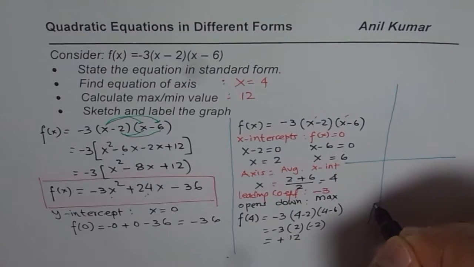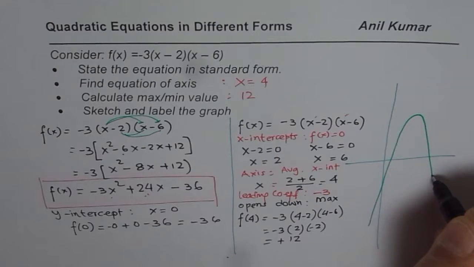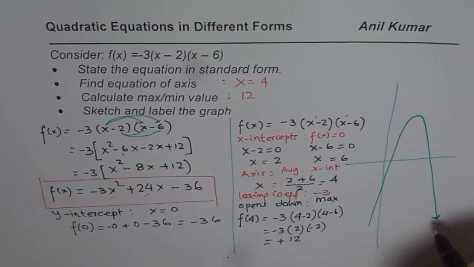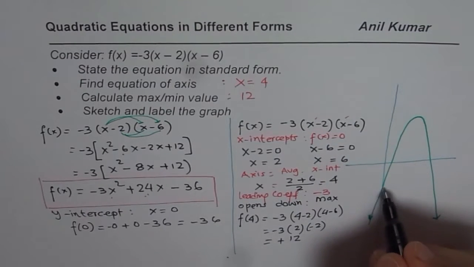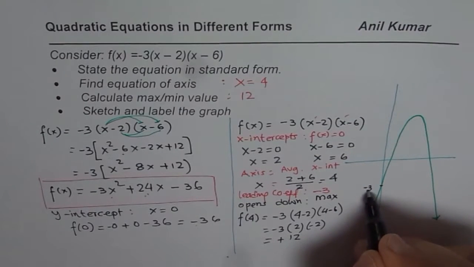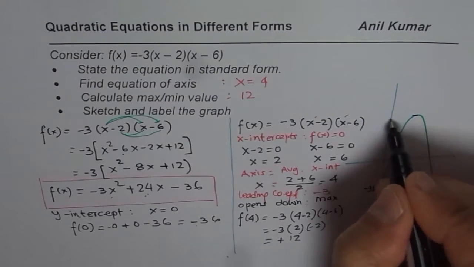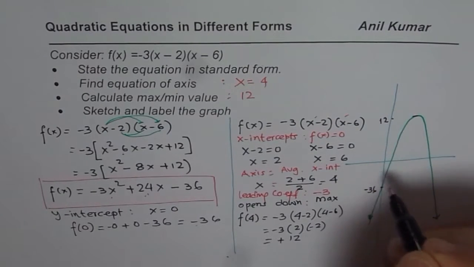So we'll go like this and come down like this, correct? I know this is not to the scale we wished. Anyway, we'll label this as minus 36, my y-intercept, and this point which has gone far ahead, more than 12. The scale is not quite right.